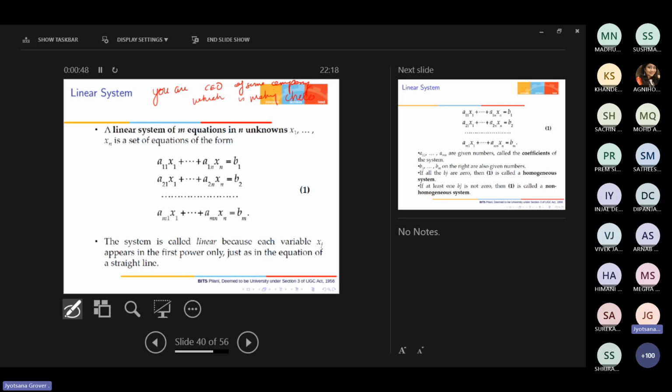Now suppose you are making milk and dark chocolates. Dark chocolates are very expensive nowadays, so dark chocolates with nuts. So it will involve cocoa powder.